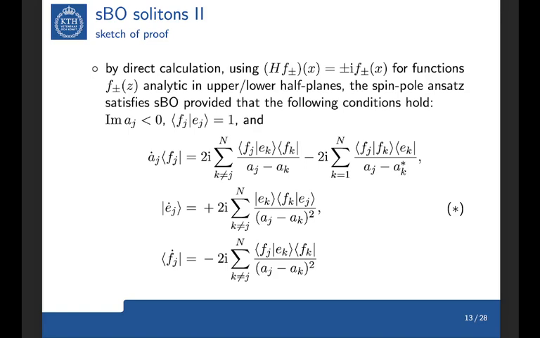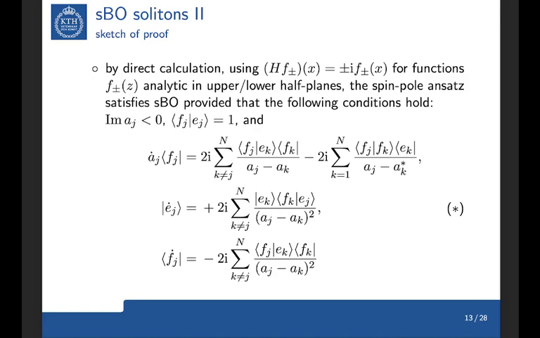So doing this, one shows that the spin pole ansatz satisfies the spin-Benjamin-Ono equation, provided that the following conditions hold. So we have these same constraints on the imaginary parts of the poles, this inner product constraint, this constraint involving the first derivative of a_j, and then we get these familiar equations for e_j, f_j. These are the same first order equations for e_j and f_j that appear in the rational spin-CM equations of motion.